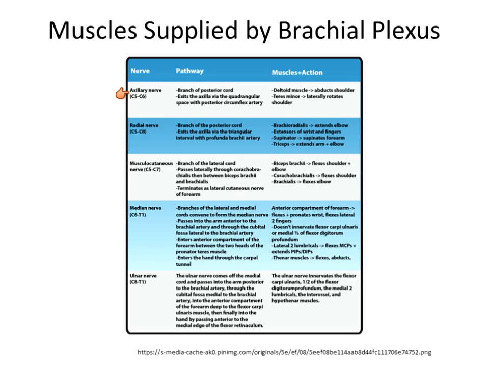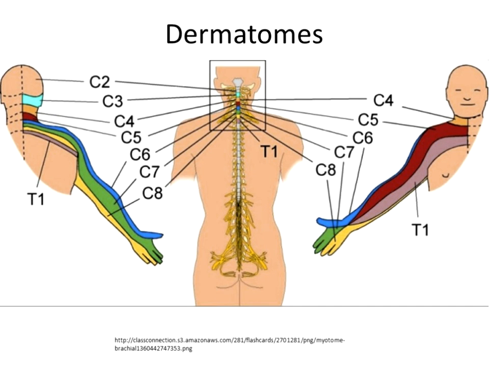The brachial plexus also provides sensory input to the upper limb. This can clearly be seen when we consider the dermatomes of the upper limb. The dermatomes simply refer to the pattern that a spinal nerve root takes as represented by the sensory innervation on the skin.